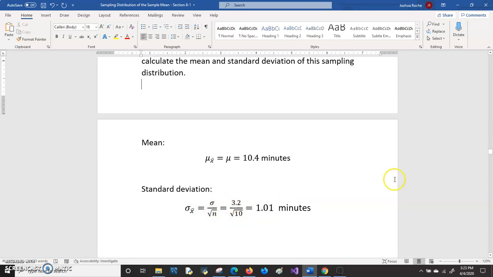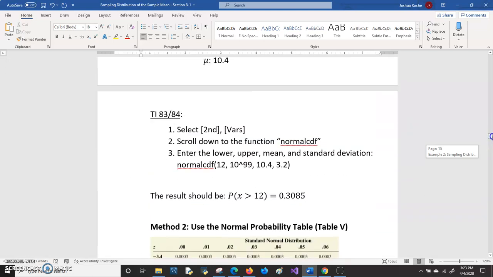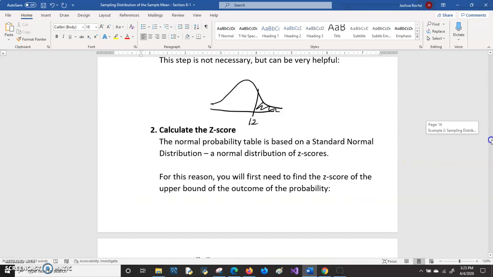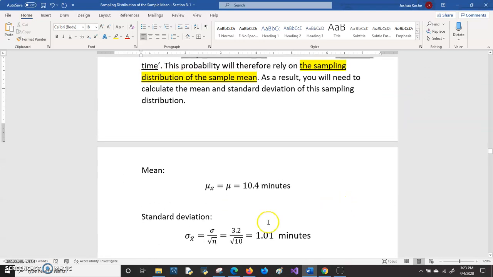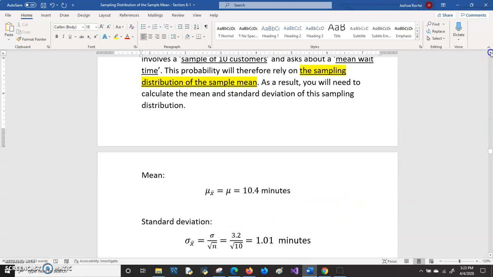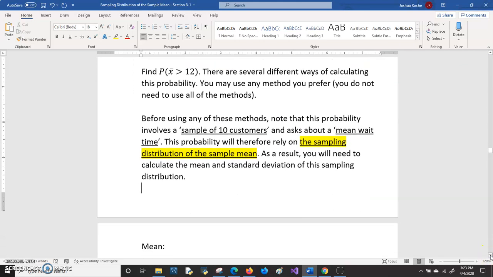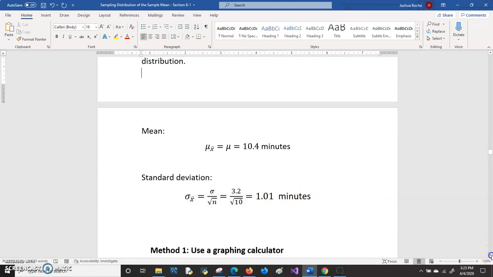So 3.2 was the population standard deviation, going back to the description in the problem. And then n is 10. We're taking a sample of 10 customers. So when you put those in, it comes out to about 1.01 minutes for the standard deviation of the sample means.